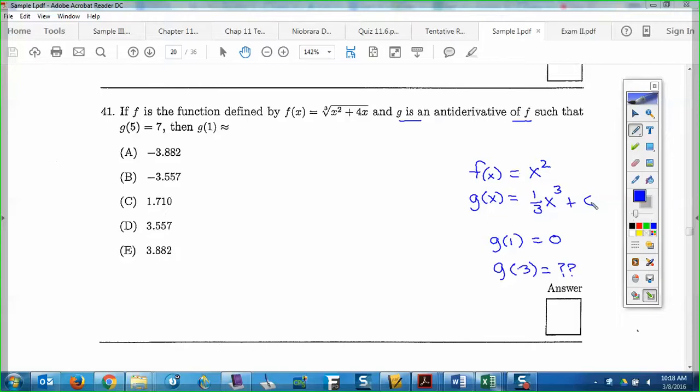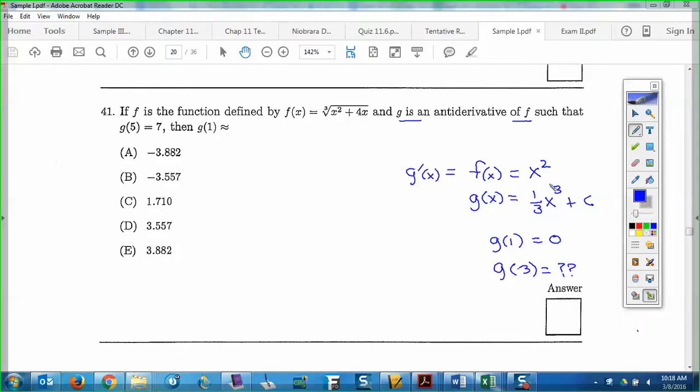Because really, isn't f a derivative in this case? A differential equation is really an equation with derivatives in it. Well, technically, since g is the antiderivative, what's another name for f? G prime. So really, this equation is like saying g prime equals x squared. So it's really a differential equation, right, with an initial condition.